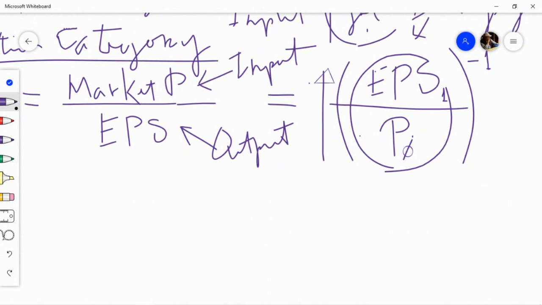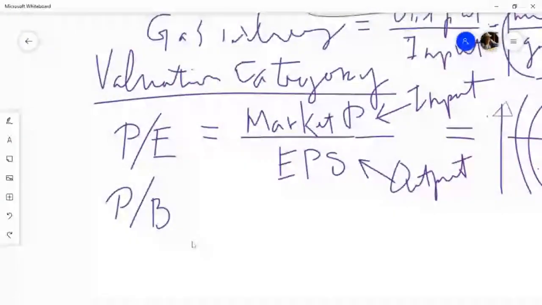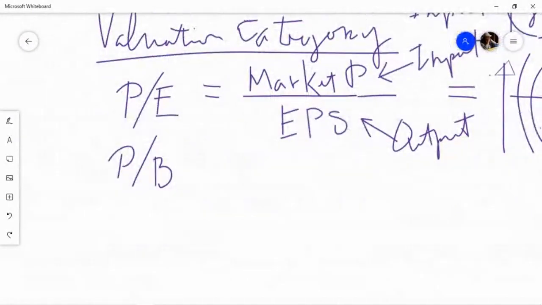On the other hand, if you use price earnings ratio, which is the reciprocal of the earnings yield, the lower this number, the better it is.